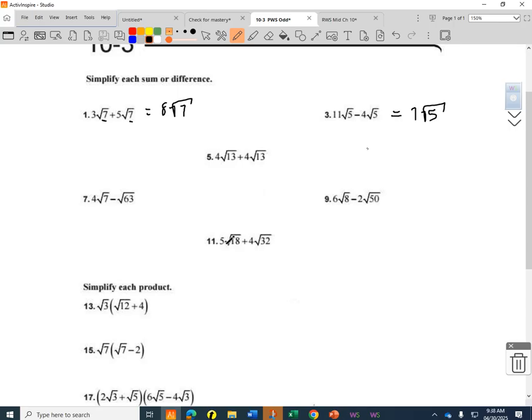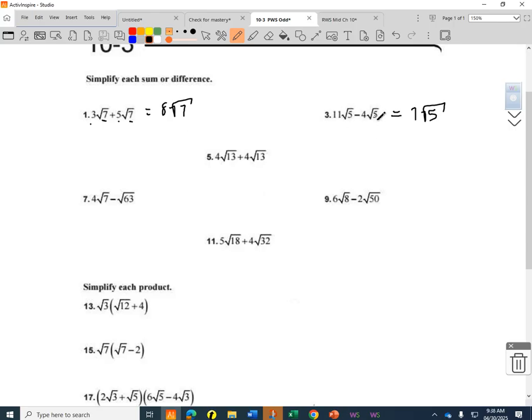And number 4. What is 4 square root 13 plus 4 square root 13, Brooklyn? No. Look up here. 3 square root 7 plus 5 square root 7. All we did was add the 3 and 5. It's 8 square root 7. Did you write that down? Look at number 3.